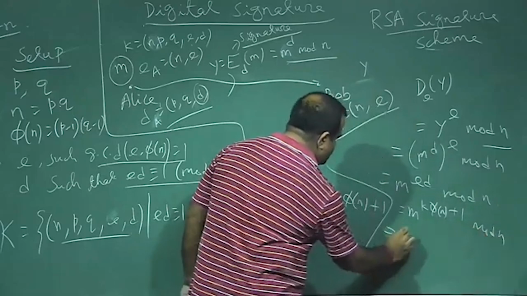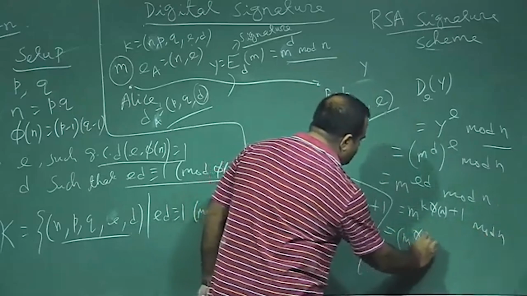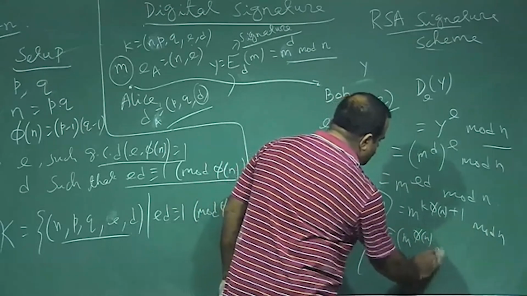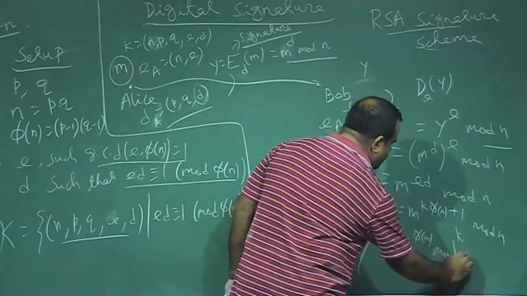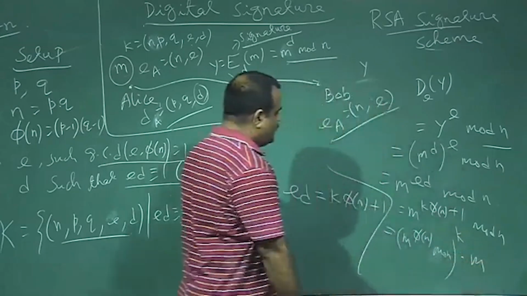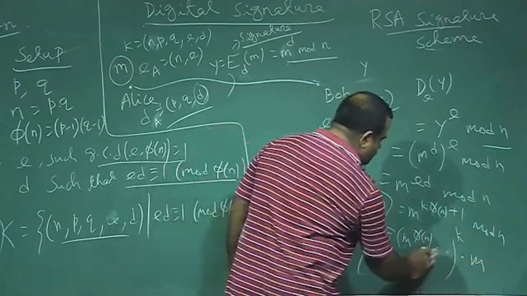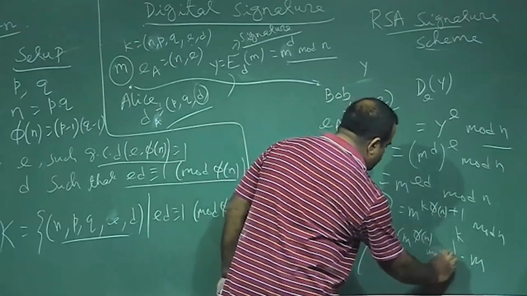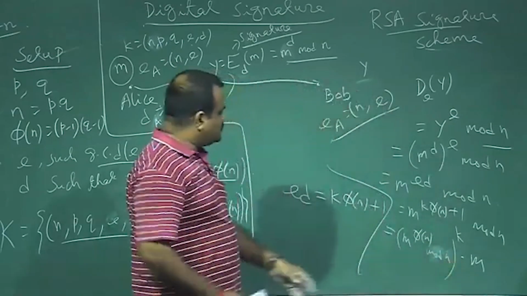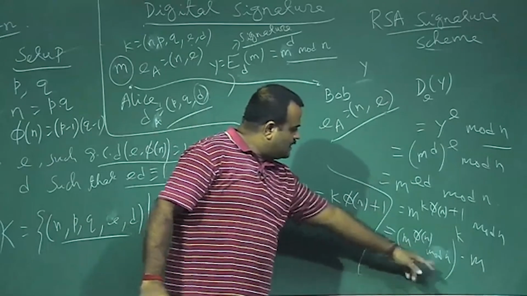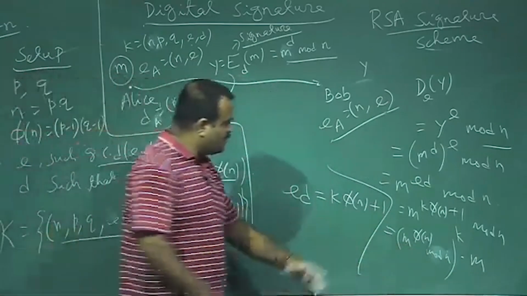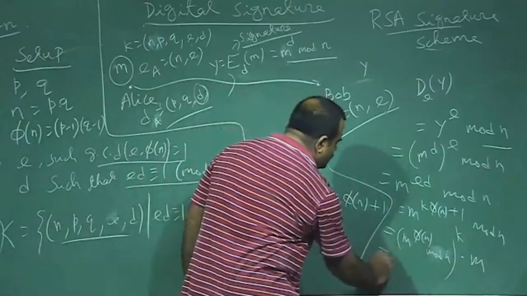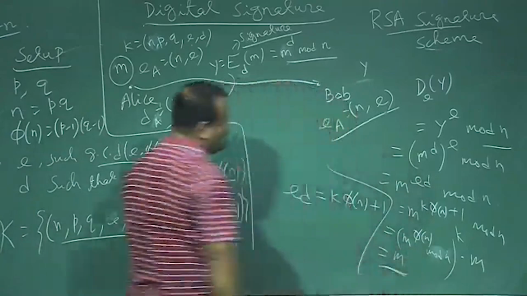So, this can be written as M to the power phi n, mod n, to the power k, into M, mod n. Now, if we choose n such that n and m are relatively prime, co-prime, then by Euler's theorem, this is 1. So, this is basically m.